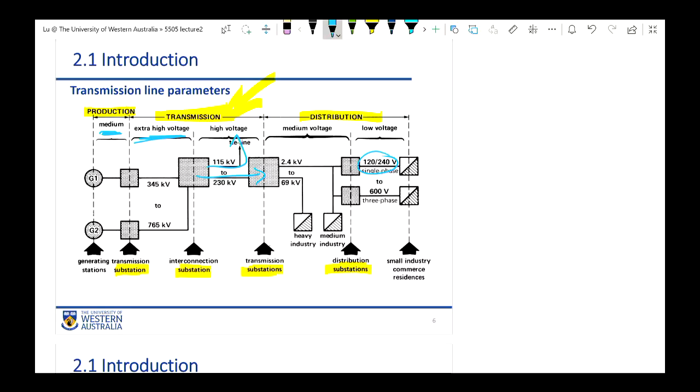So 220 is too low, okay? Because we don't want a very high current. I don't know the details, but normally it cannot be 220 or 600 volts. It should be 1,000 volts, so that the current can be limited to a small safe range for use, okay? But anyway, this is just some story.